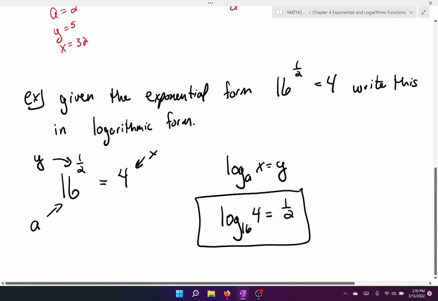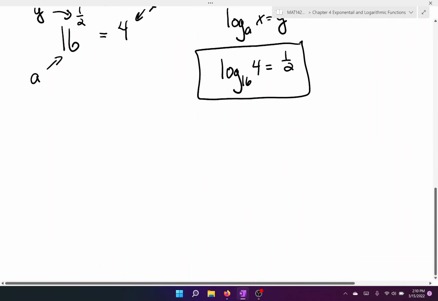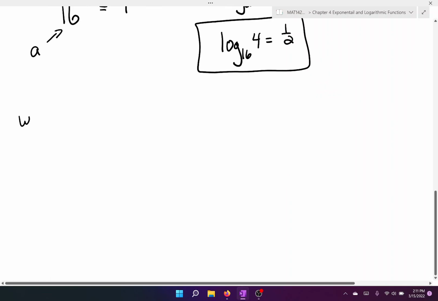Okay? Now, we do have properties of logs, okay? And these allow us to simplify. So ways to simplify logs. And there are basically 8 properties. I'm going to give you the first 4 right now.